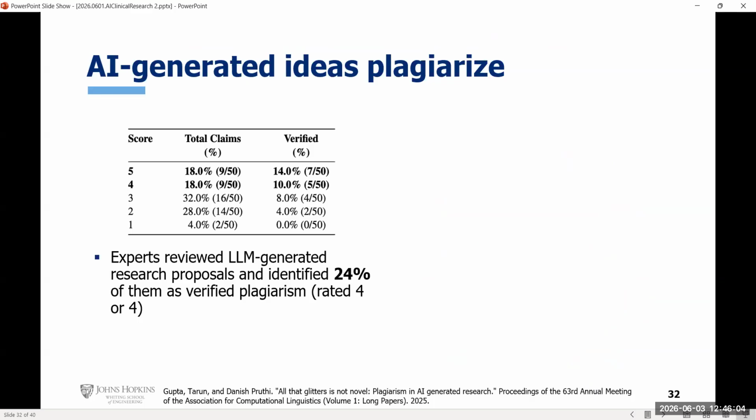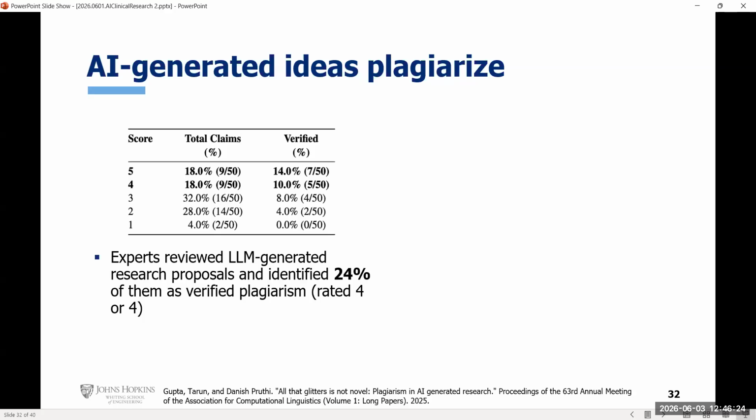So this was a study in which they used AI to generate research proposals, effectively hypothesis generation, a task a lot of people have been pitching as an AI for science use case.